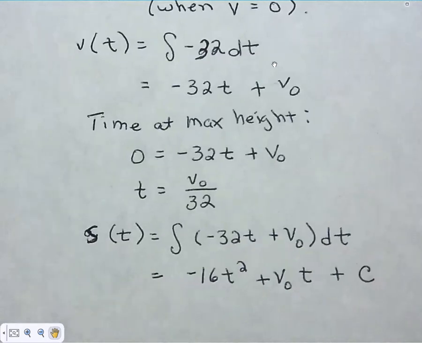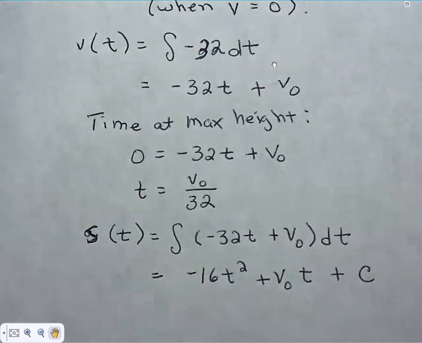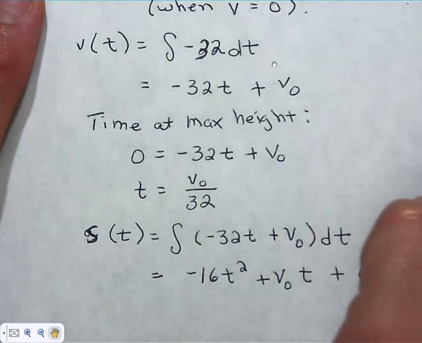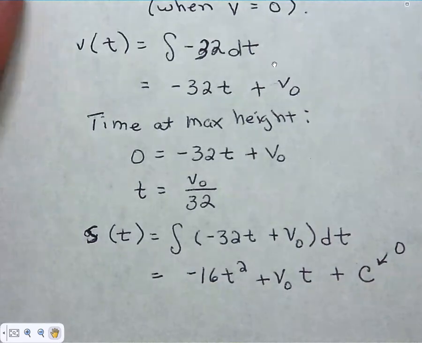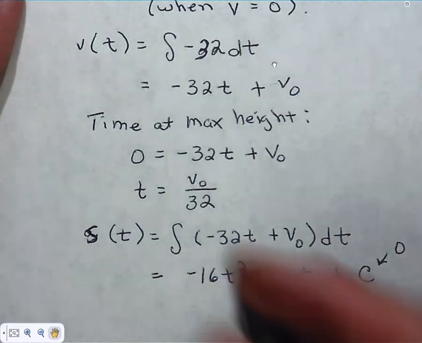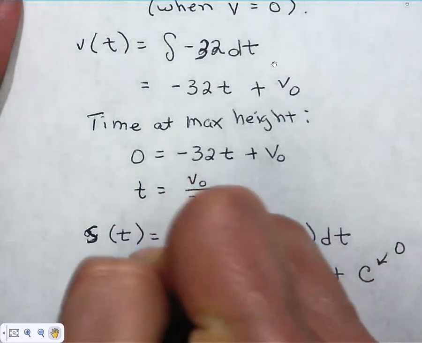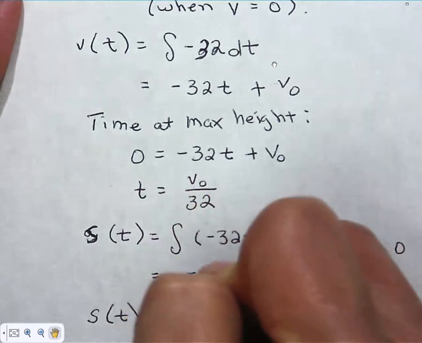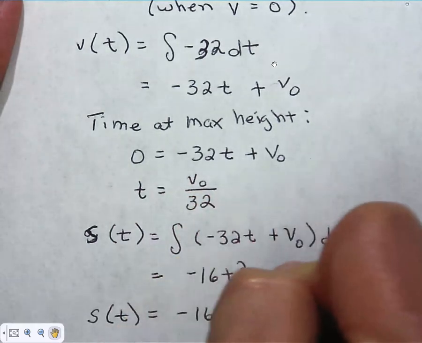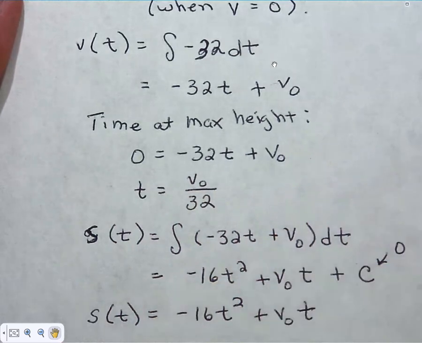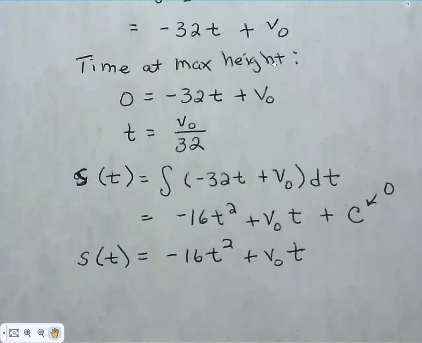And what is that constant in this case? Since it's being thrown upward from ground level, we know that's 0. So my position function is just negative 16t squared plus v sub 0 t. Now what?